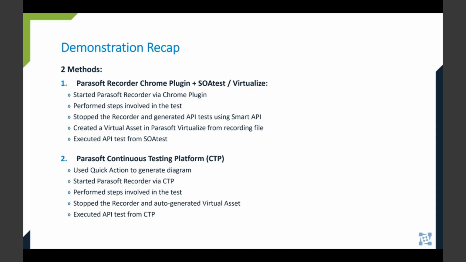And so we clicked Create Now, and with just a couple of key-ins, we named it and generated our virtual asset from there. And then I showed you how to add a SOATest element to your diagram and then configure and run your tests from CTP.